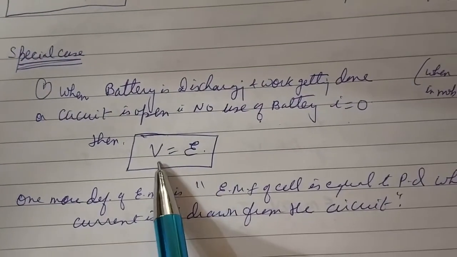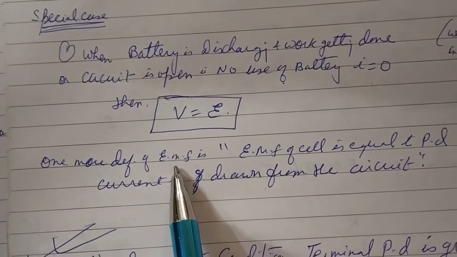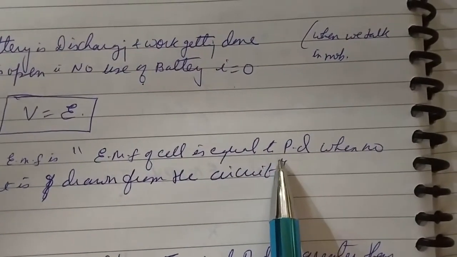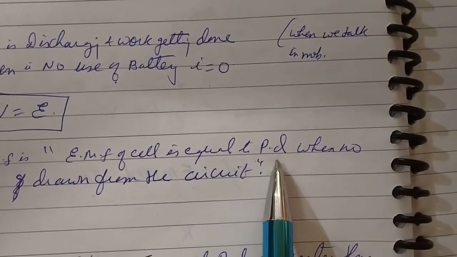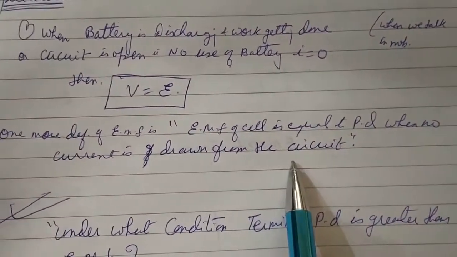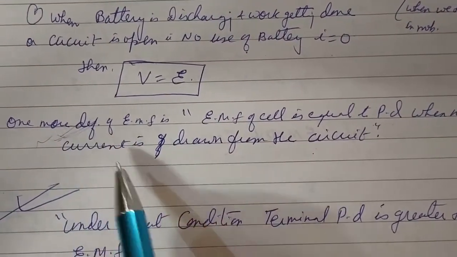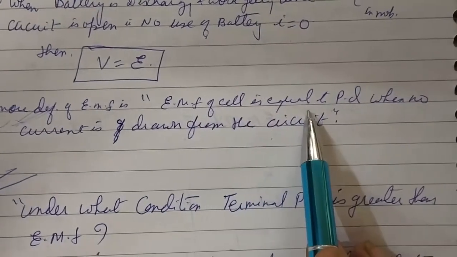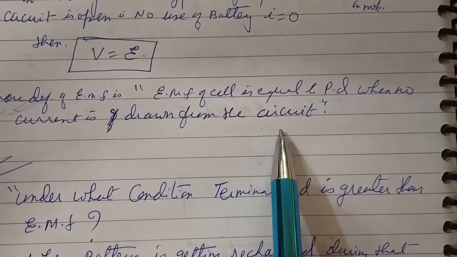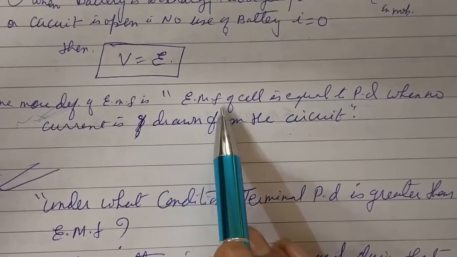So one more definition we get of the EMF of the cell: EMF of the cell is equal to terminal potential difference when no current is drawn from the circuit, and this definition is given in your book. This is how this definition came.